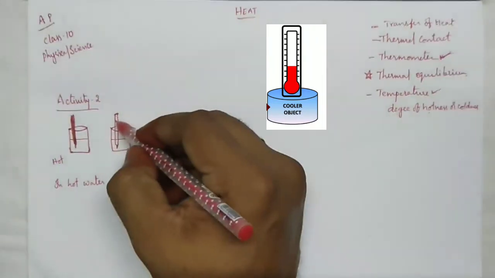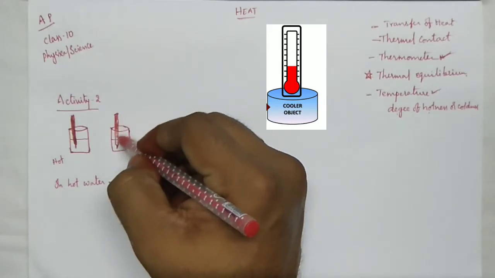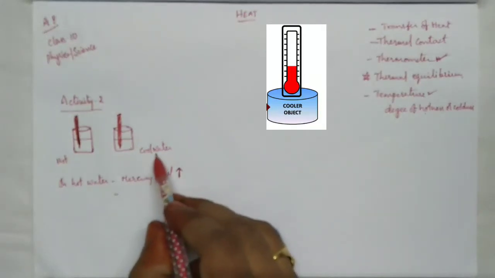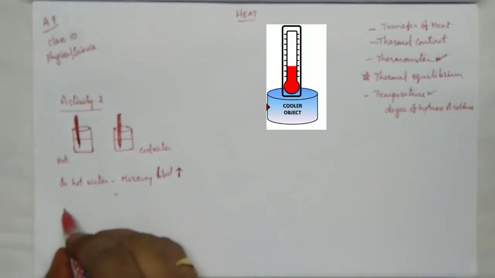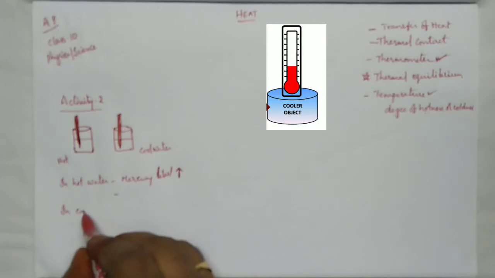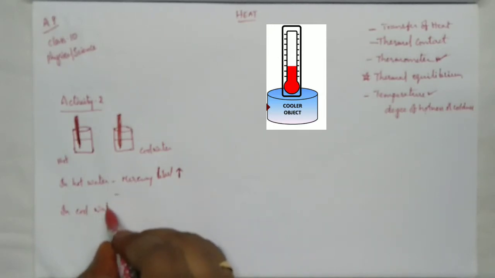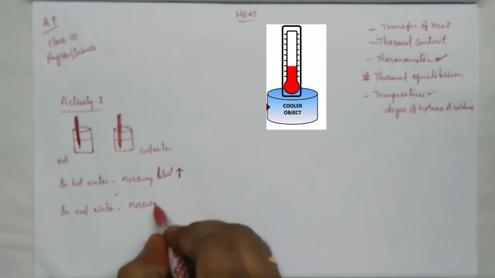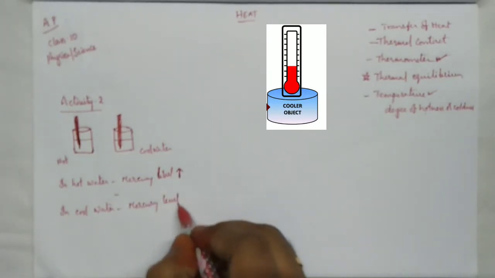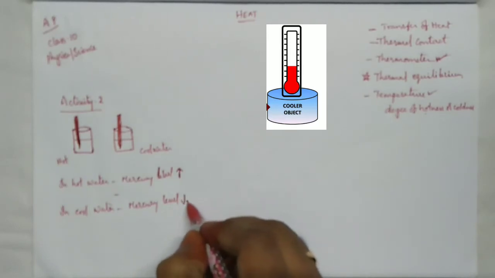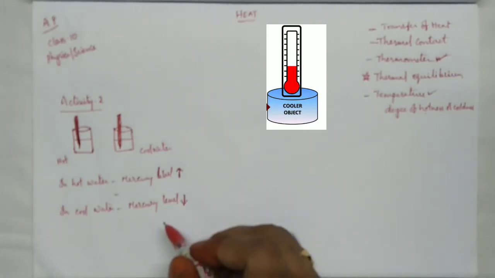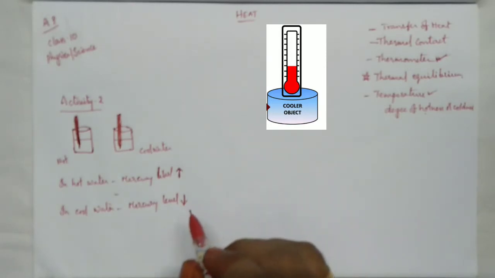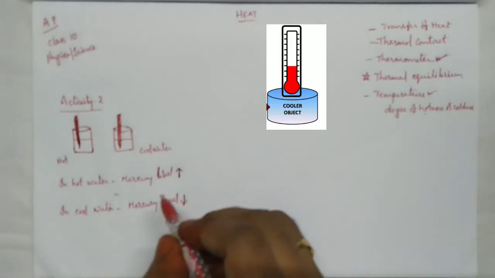When we place the thermometer in cool water, the mercury level falls down, gradually decreases.